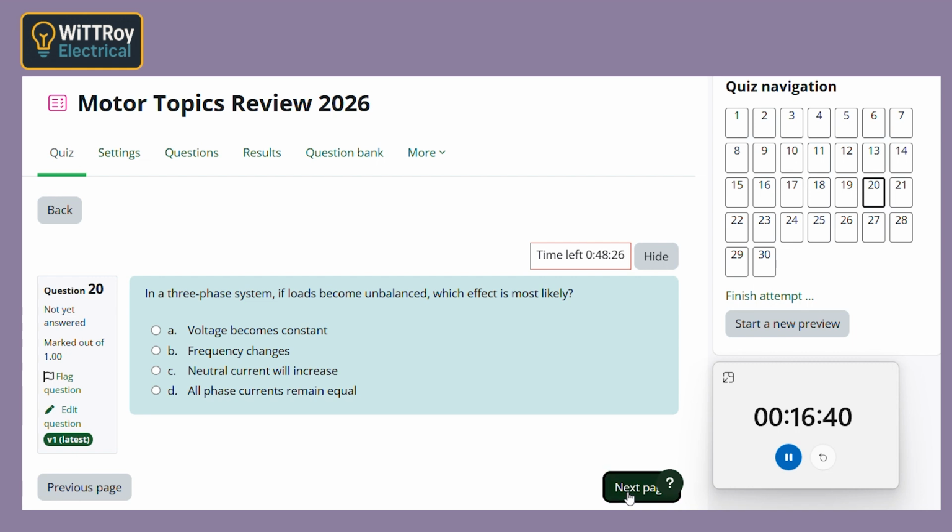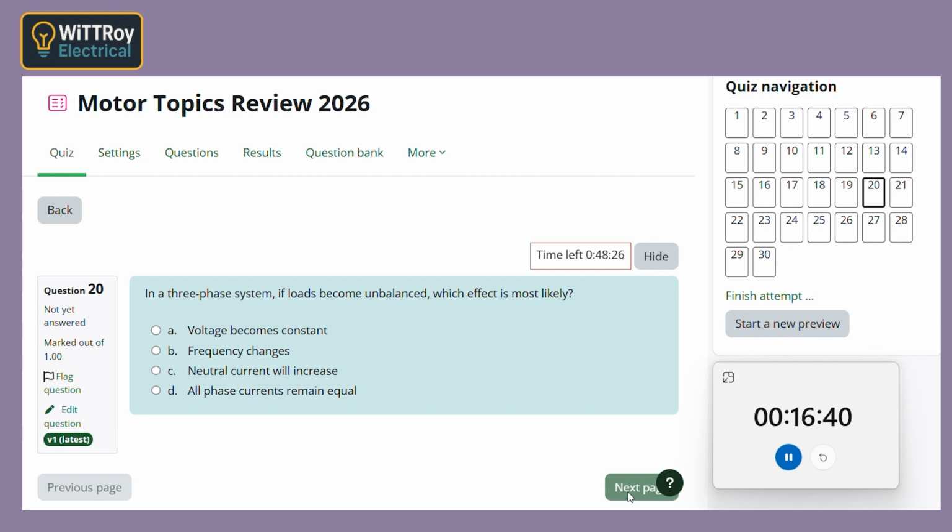Question 20. In a three-phase system, if phases become unbalanced, which effect is most likely? Neutral current will increase. Correct. In a balanced three-phase system, the vector sum of the three-phase currents is zero, so neutral current is zero. But once the loads become unequal, that balance is lost. So the currents no longer cancel each other out. Exactly, and that difference shows up as neutral current.